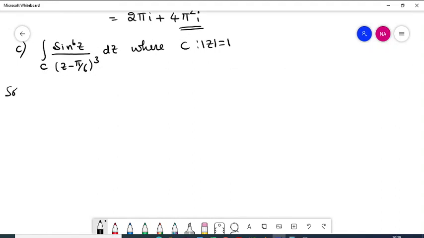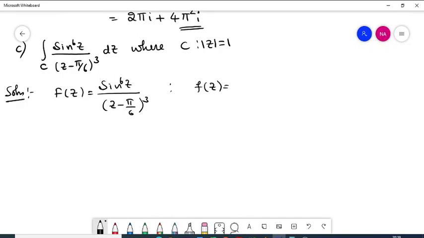Solution. Capital F of z is sin power 6z divided by (z minus pi by 6) whole power 3. Let us call the small f of z as sin power 6z, and here a is pi by 6.